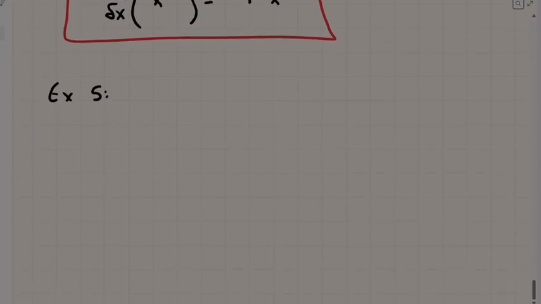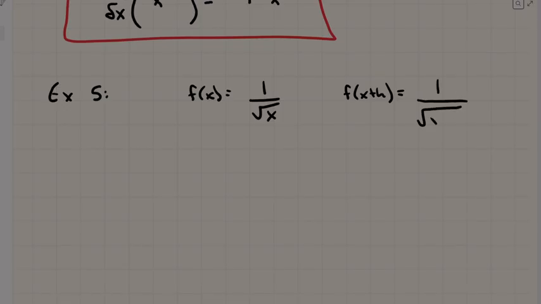Example 5. Let's do the same method with 1 over the square root of x. Okay? Well, just like before, we need to find our f of x plus h. F of x plus h, that's just going to be 1 over, instead of square root of x, we got square root of x plus h. All right?